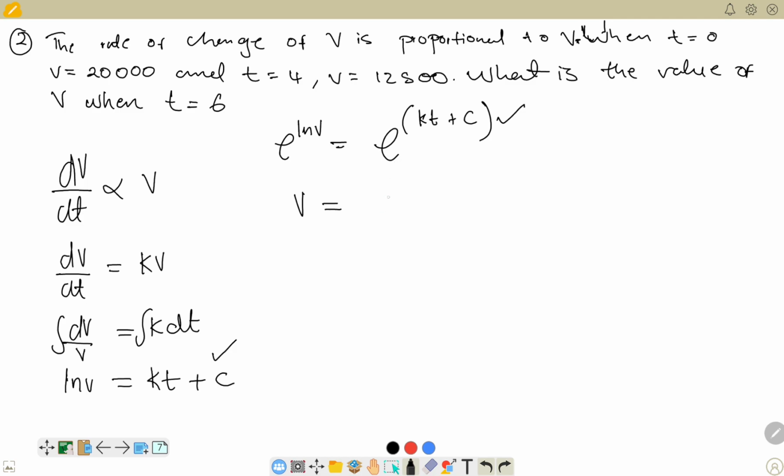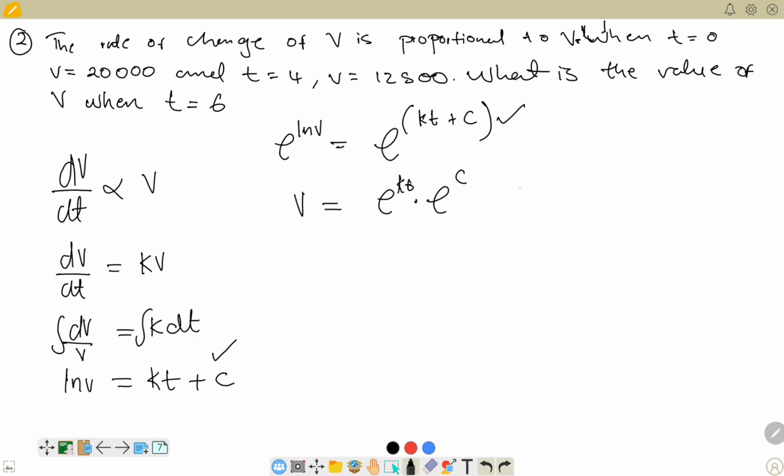Then this is now e to the power kt times e to the power c. This is the same because we know that with the same base we add the exponents.